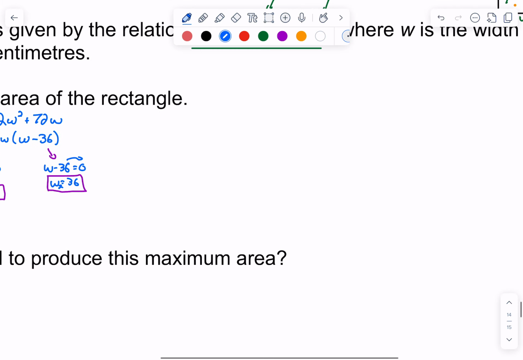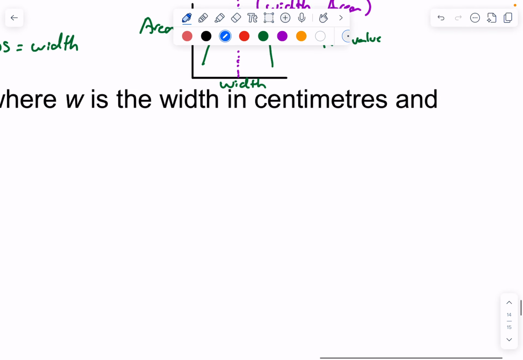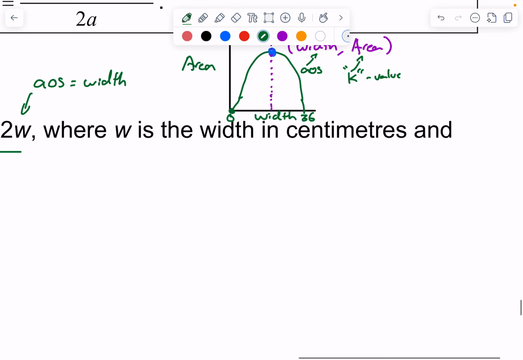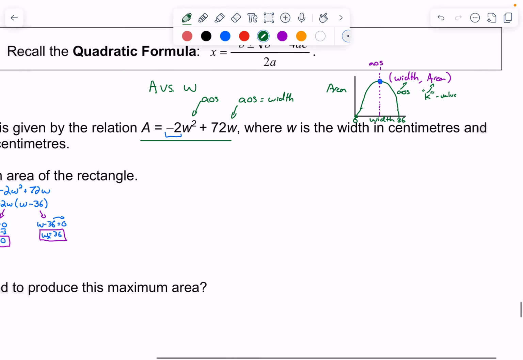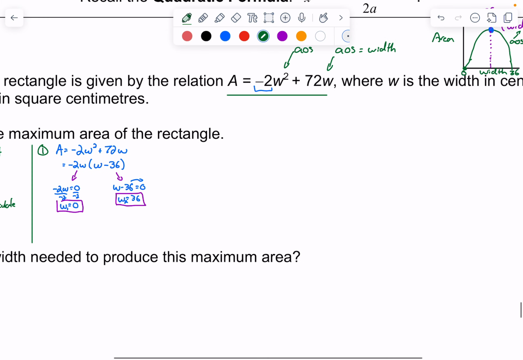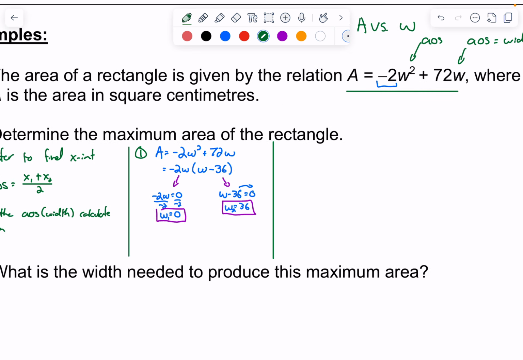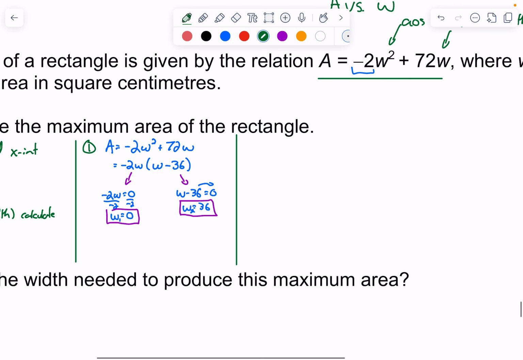And just let's put that to a picture. What that means is that you found a width right here at 0. You found a width right here at 36. All right, those are your two x-intercepts, 0 and 36 centimeters. Step 2 says use the axis of symmetry. Axis of symmetry, take your two x-intercepts, add them up, divide by 2.